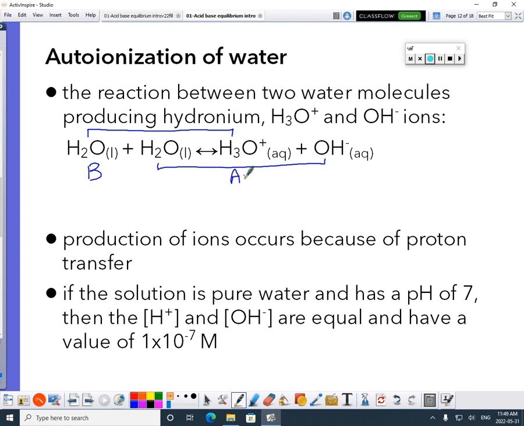So if this water molecule accepted a proton to be the base, that means the other water molecule on the reactant side had to donate the proton or be the acid. And then, of course, this hydroxide, you would think of that as basic. It's negative. It likes to be accepting positives. So it would be the base.